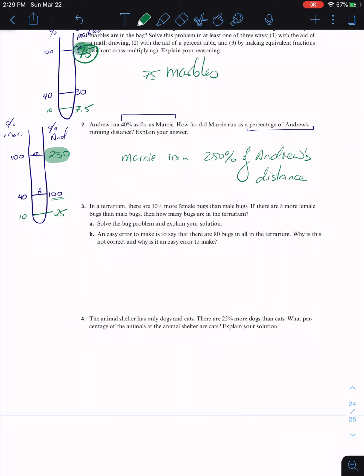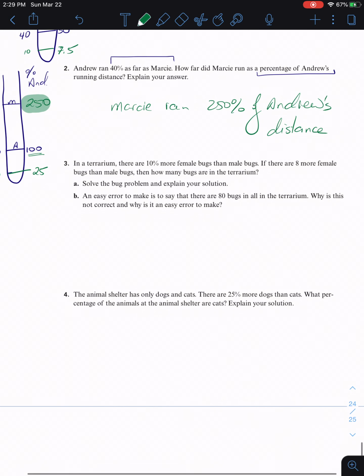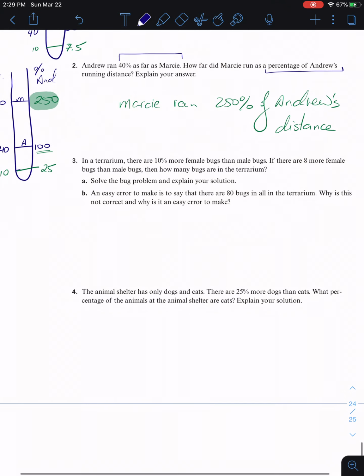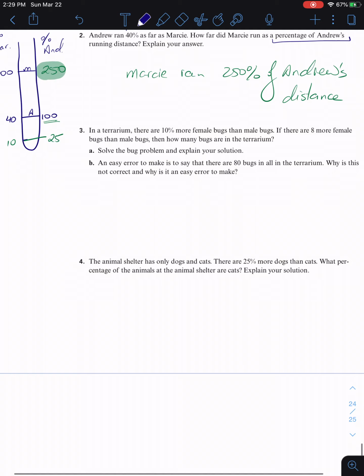All right. Now, number 3 is also a really interesting problem. In a terrarium, there are 10% more female bugs than male bugs. If there are 8 more female bugs than male bugs, how many bugs are in the terrarium? Okay, how many of you have your skin crawling already with this? Just thinking of the bugs. Okay.